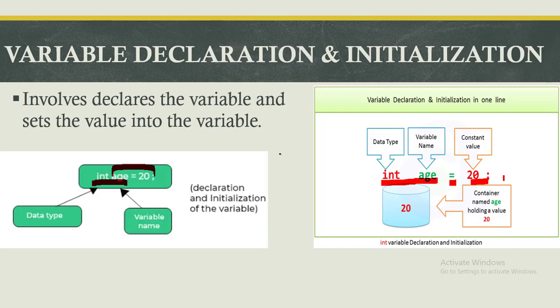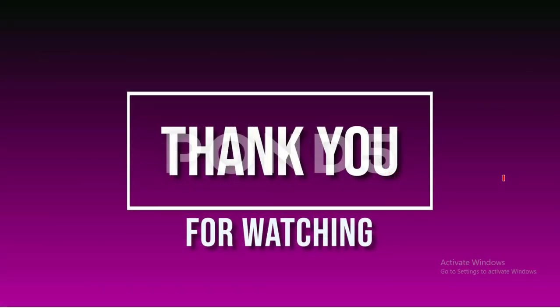So you no longer have to say, for instance, int age semicolon, and then below that say age assigned 20. You can equally combine it, where you declare the variable as well as initialize it with a value in one particular statement.